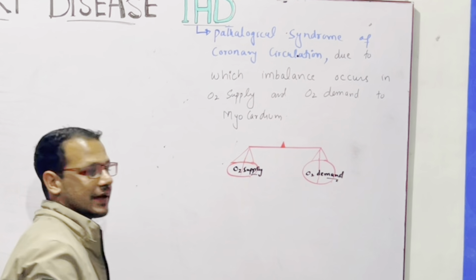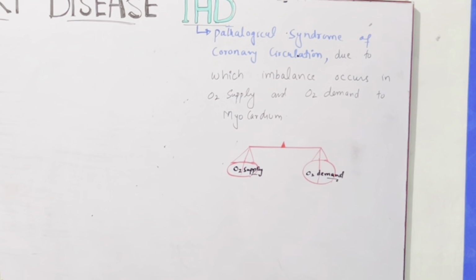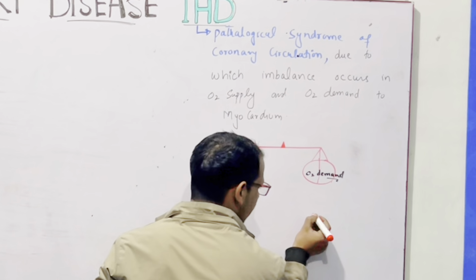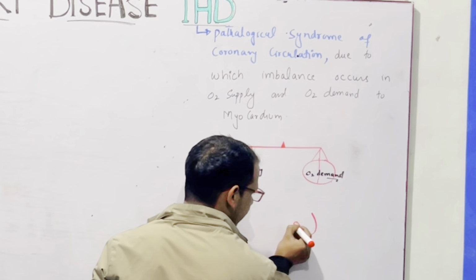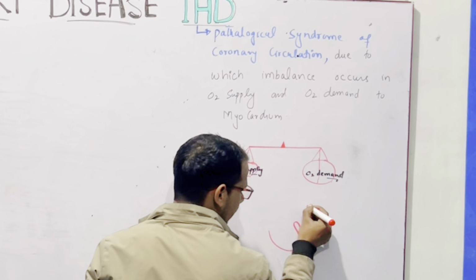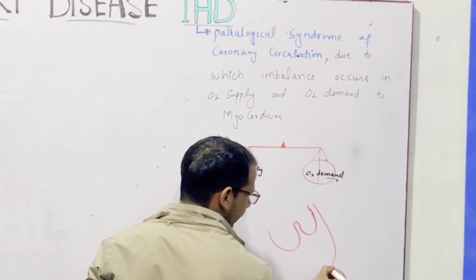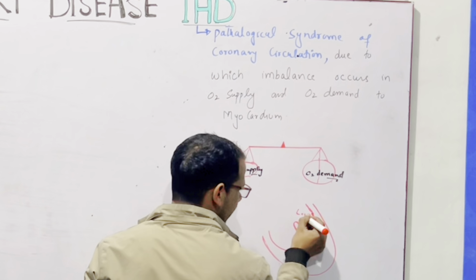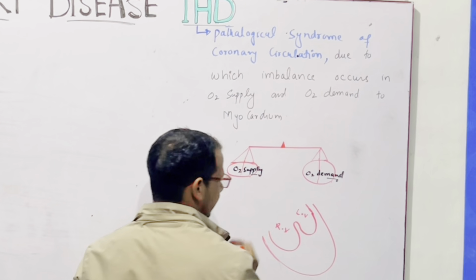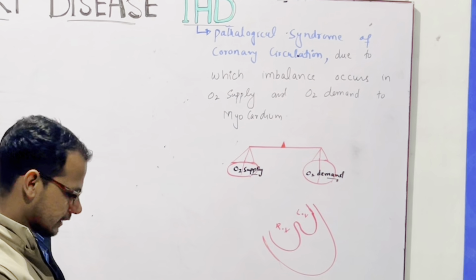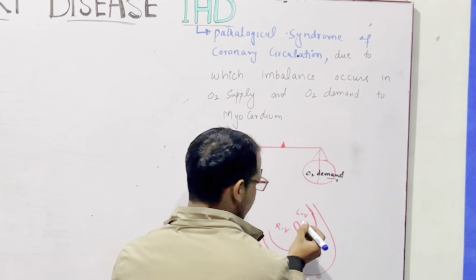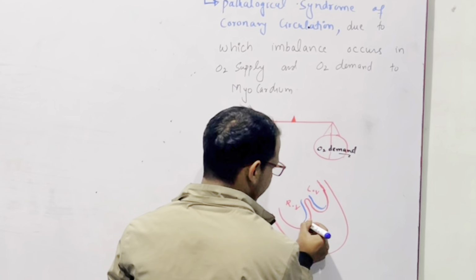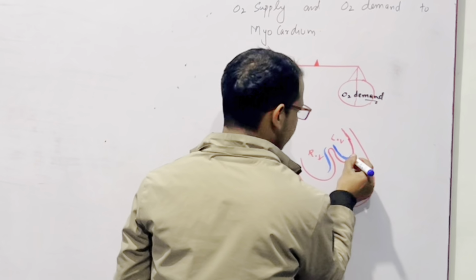What is oxygen supply? For example, we are taking the ventricles of the heart here. This is the left ventricle and this is the right ventricle. As we discussed in the previous lecture, there is blood supply to these muscles.